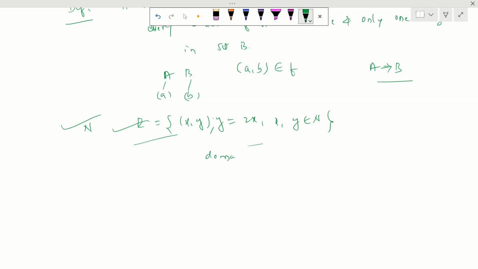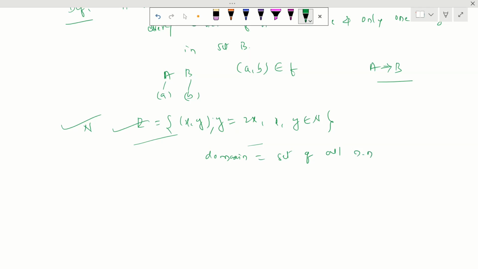Here the domain of R is the set of all natural numbers, because natural numbers are given. And what about the range?